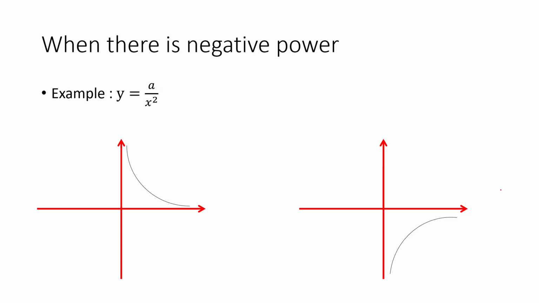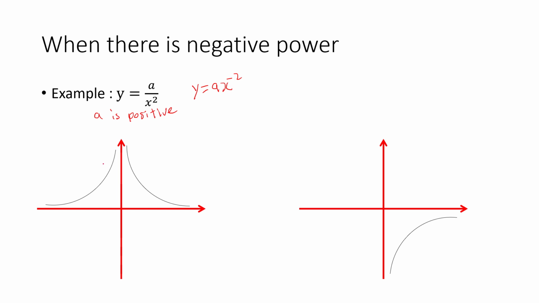Another example whereby the power of x is negative is y is equals to a divided by x squared. So this, I think by now you should have recapped that this is equals to this function. So the power of x is negative 2. So in this case, when a is a positive number, your graph will look something like this.